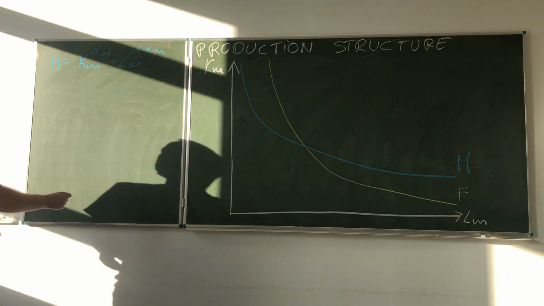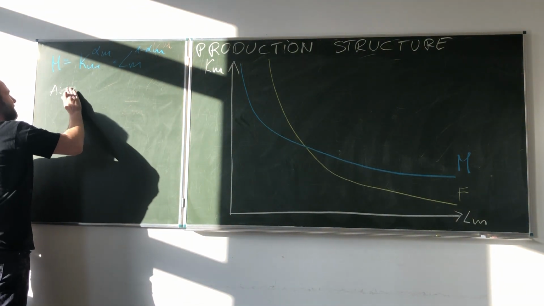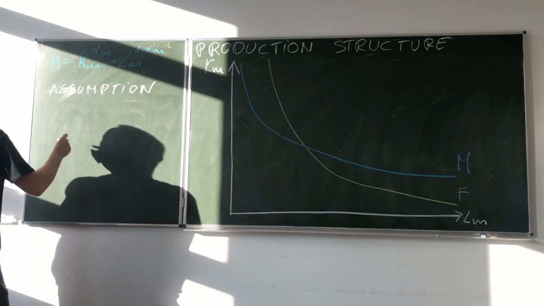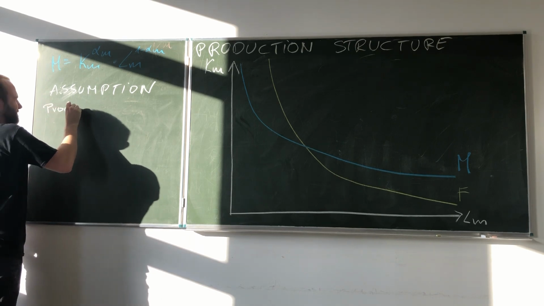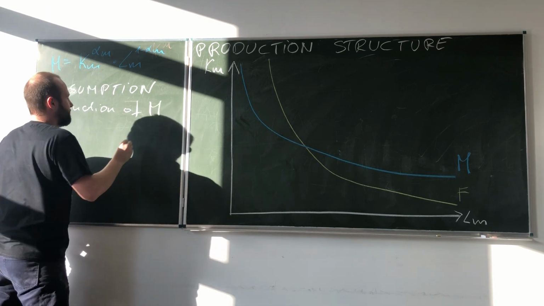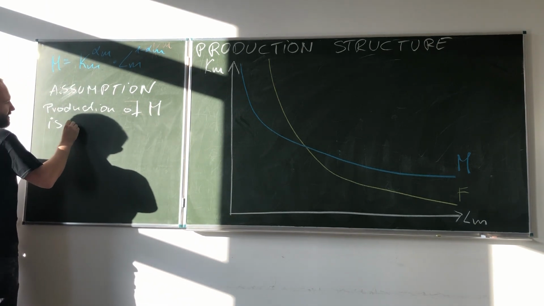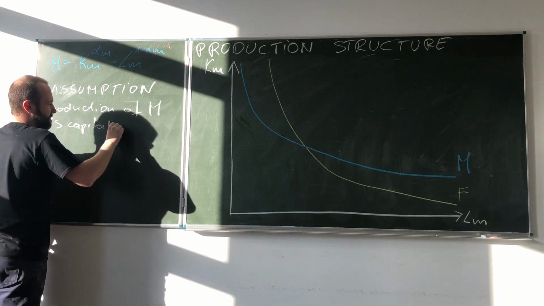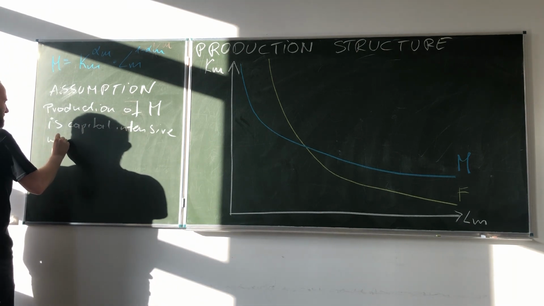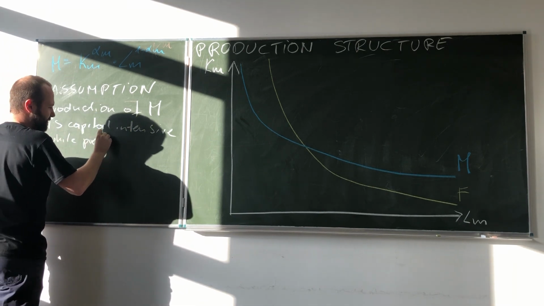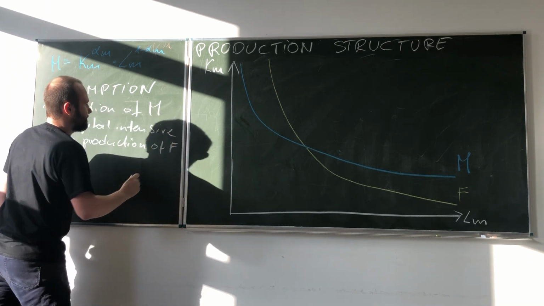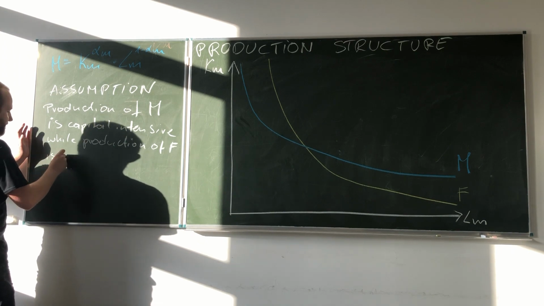This additional assumption says that production of manufacturers is capital intensive, while production of food is labor intensive.